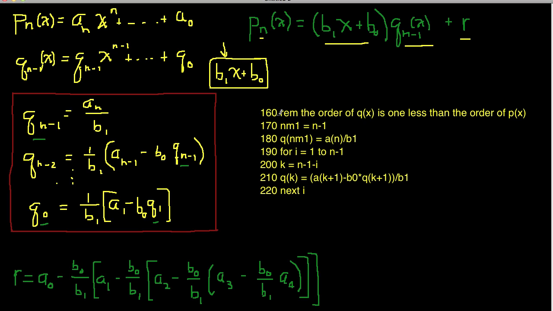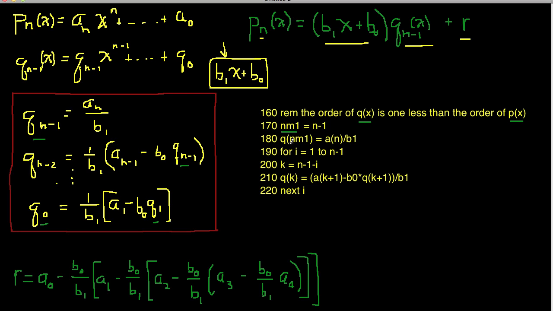The first statement here, 160, is just a remark noting that the order of the polynomial q is 1 less than the order of the polynomial p. Now I'm defining a new variable I call nm1, for n minus 1, equal to n minus 1. Pretty clear notation. Now I'm going to execute each of these equations right here.